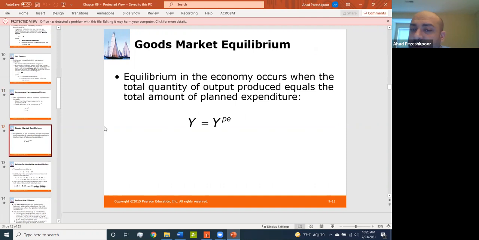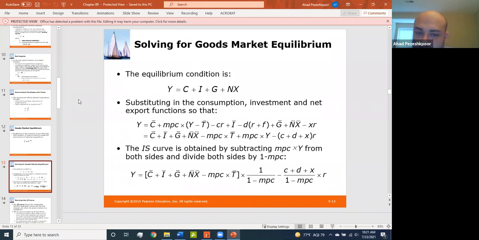Equilibrium in the economy will be the moment when your total output is equal to your planned expenditure. That would be the equilibrium. The equilibrium condition, therefore, is that your output equals your planned expenditure.